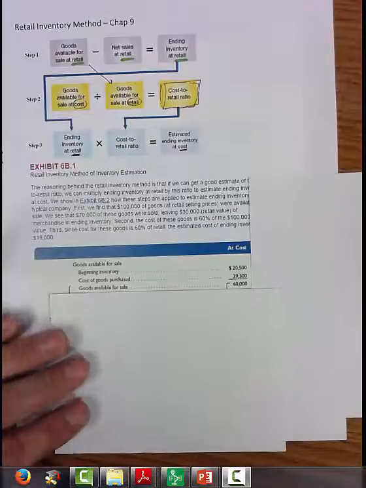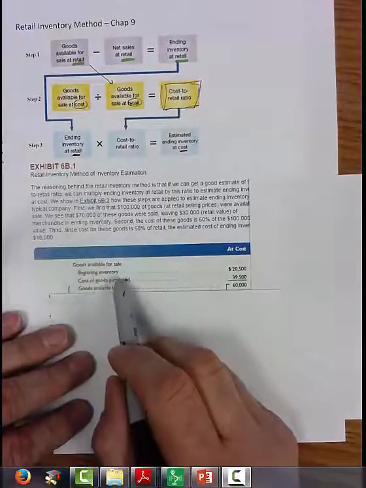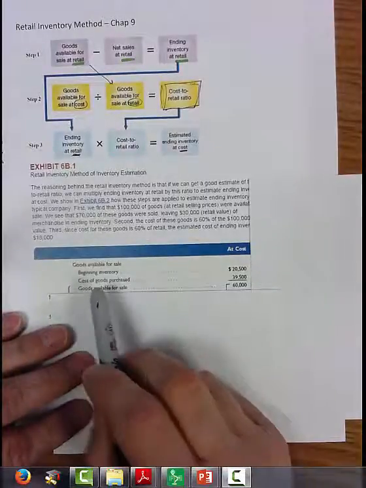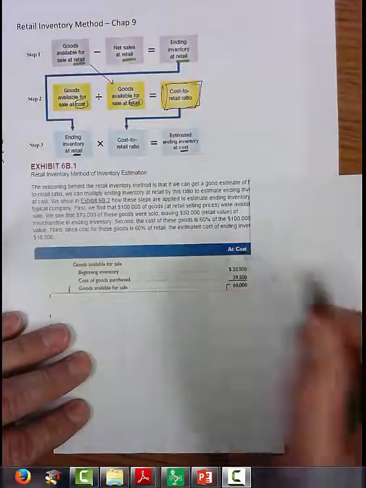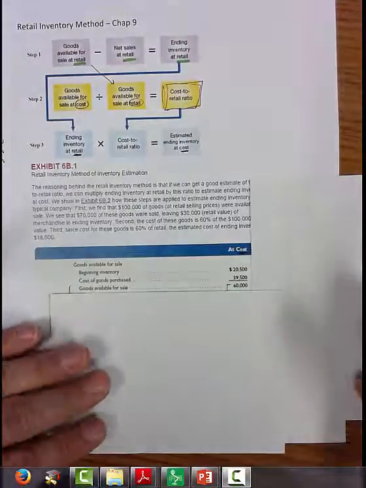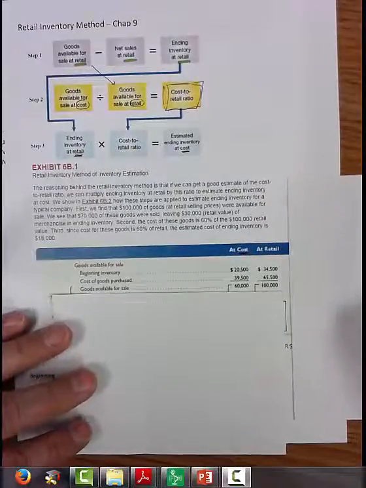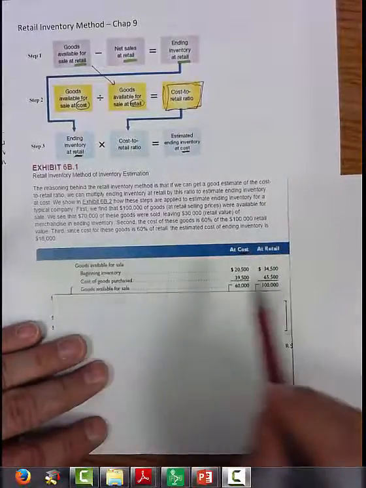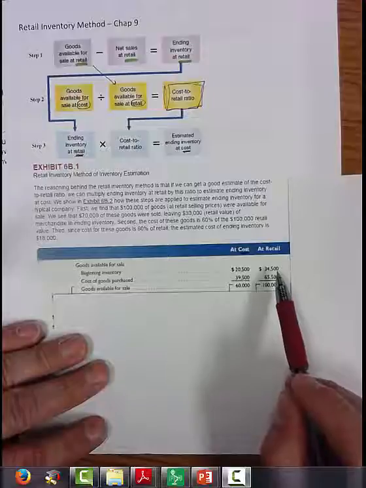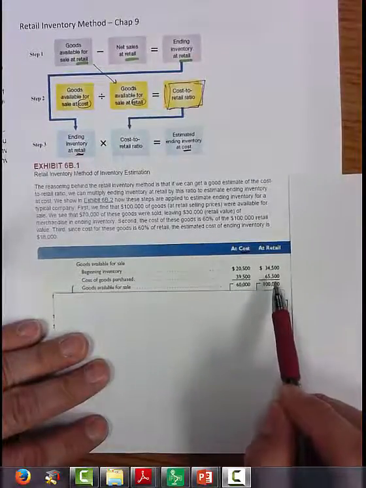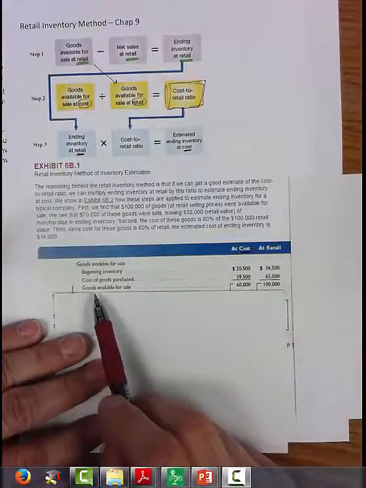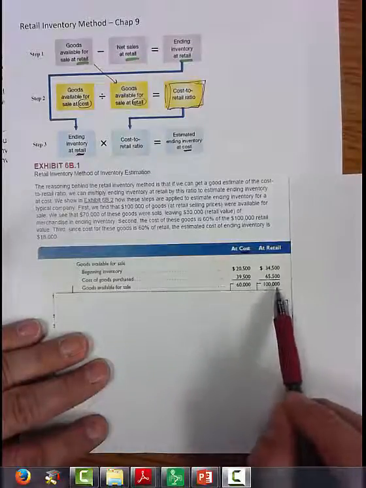We know that the beginning inventory plus the cost of goods purchased equals the goods available for sale, and we can certainly keep track of that at cost. However, we could also keep track of the beginning inventory at retail value and the cost of goods purchased at retail value, and thus that would give us the goods available for sale at retail value.